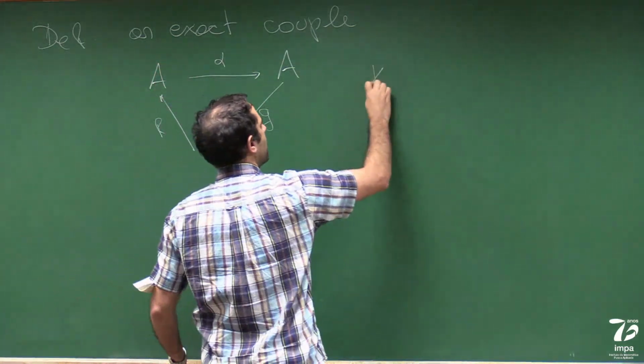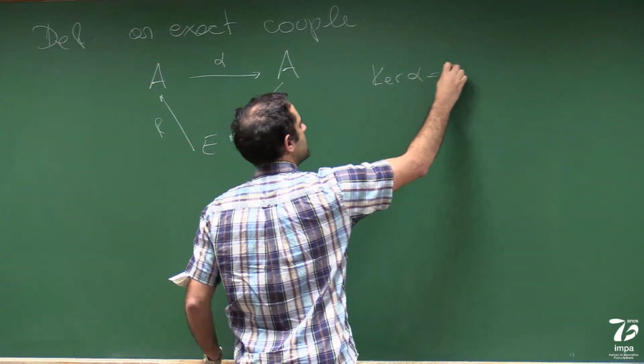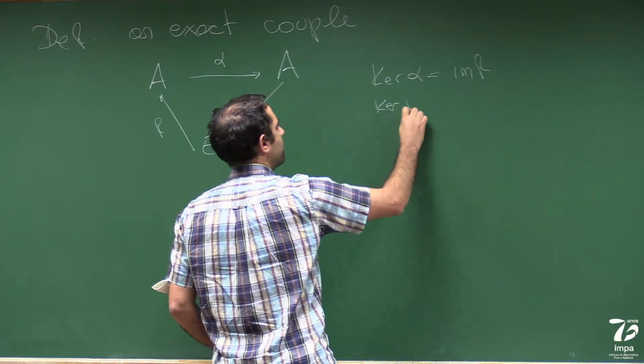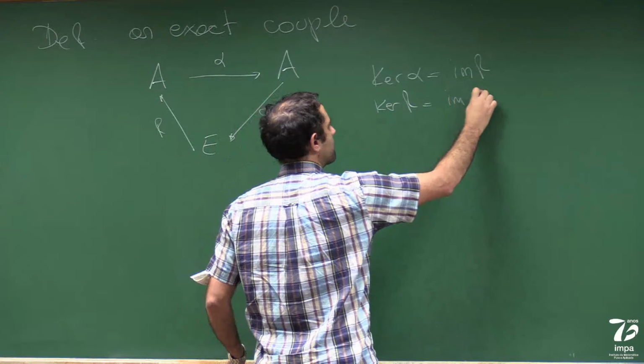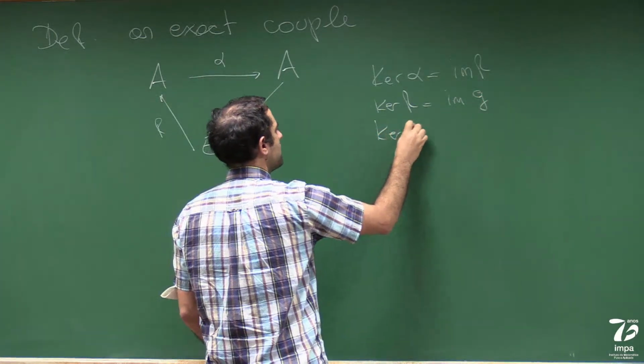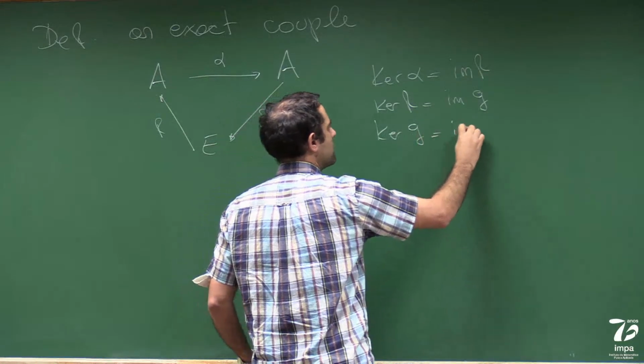So the kernel of alpha is equal to the image of F, the kernel of F is equal to the image of G, and the kernel of G is equal to the image of alpha.